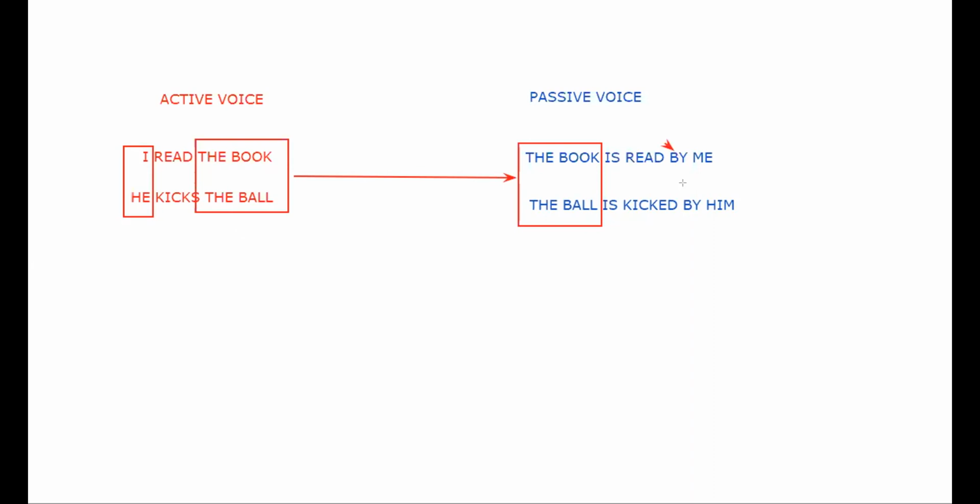Es decir, por. Pero no es obligatorio. En algunos casos no vamos a saber quién realizó la acción o no nos interesa saber quién realizó la acción, simplemente qué fue lo que pasó, ¿no? So that's the main difference between active and passive voice. Esa sería la principal diferencia entre la voz activa y la voz pasiva.